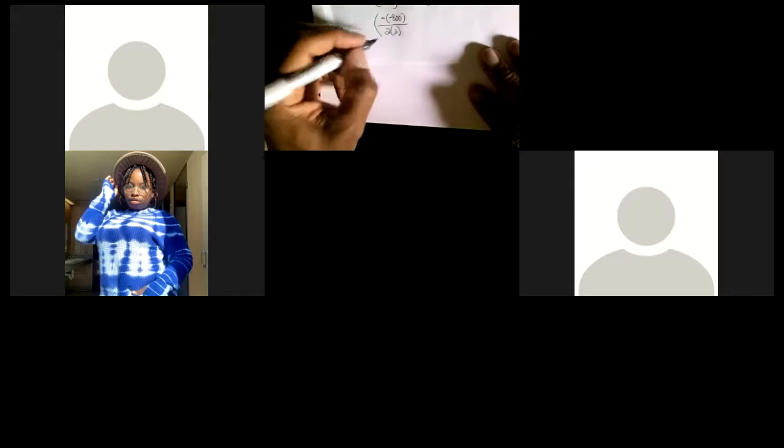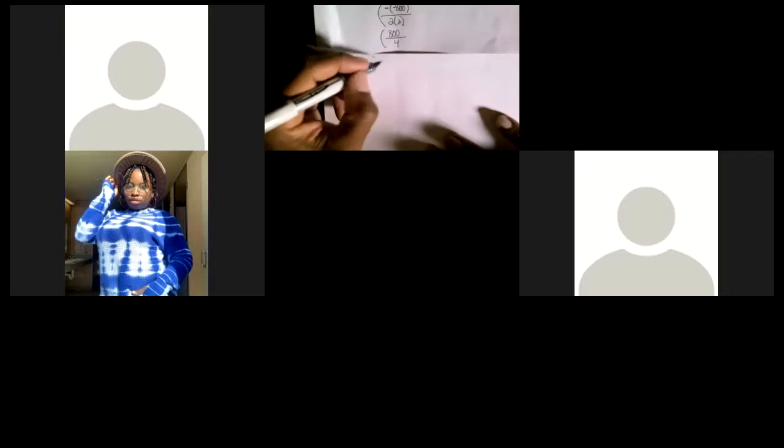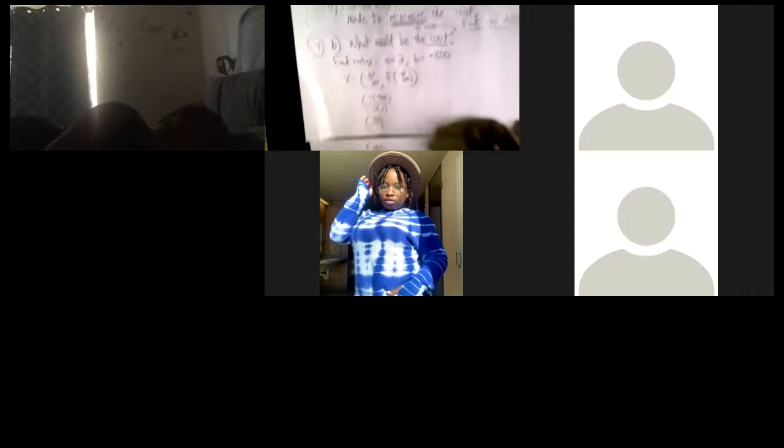So this becomes 800 over 4. Let me just do that. When you divide 800 by 4, we get 200. So 200 represents the number of bikes that must be made to minimize the cost.